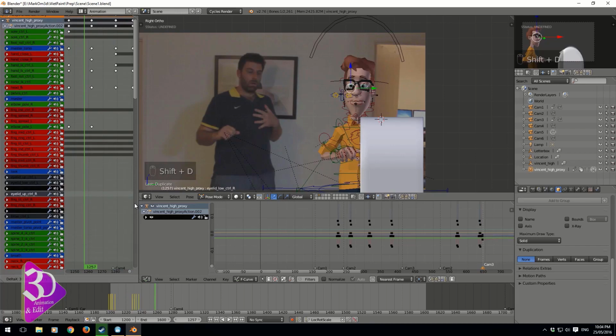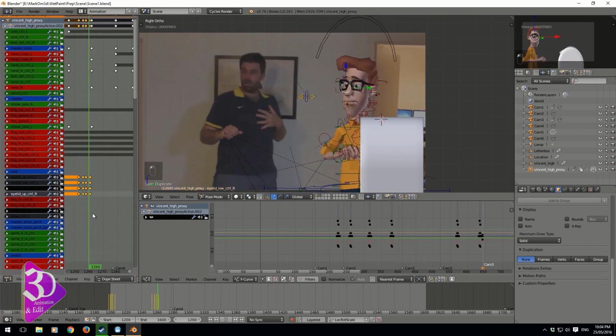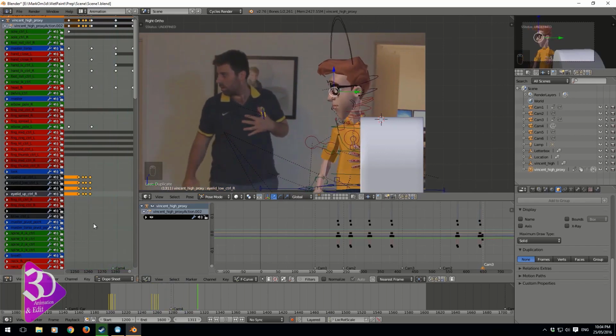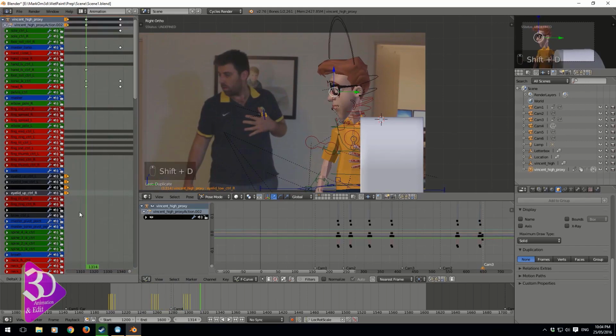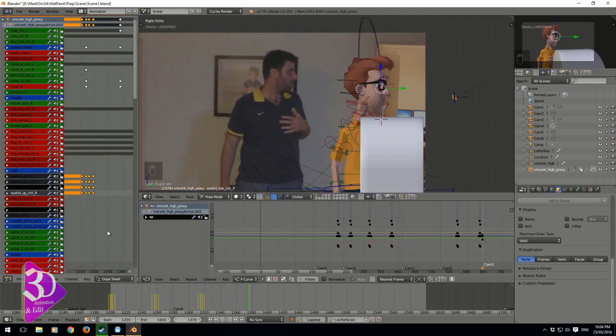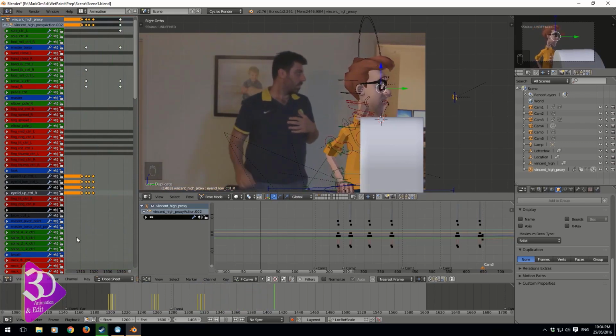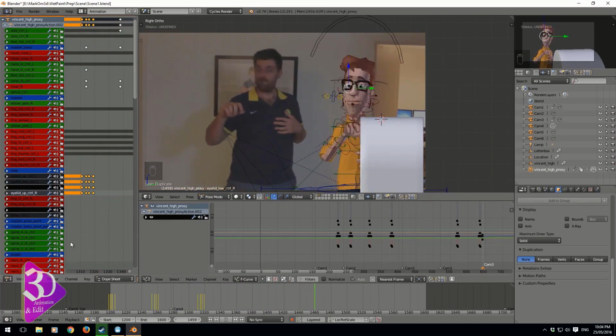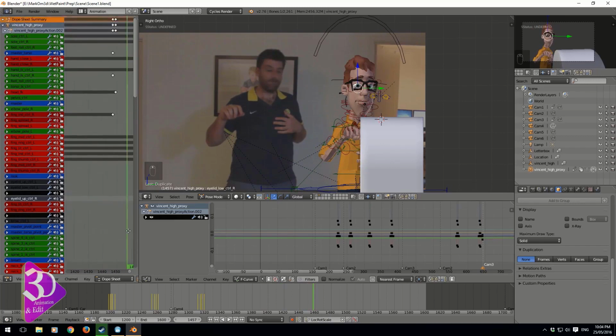Shift D. Still looking around. Another blink. Shift D. There we go. I knew there was going to be another blink in there.